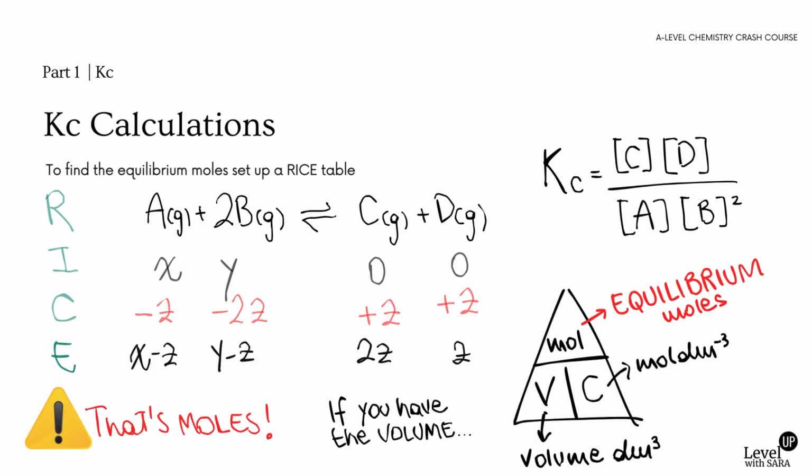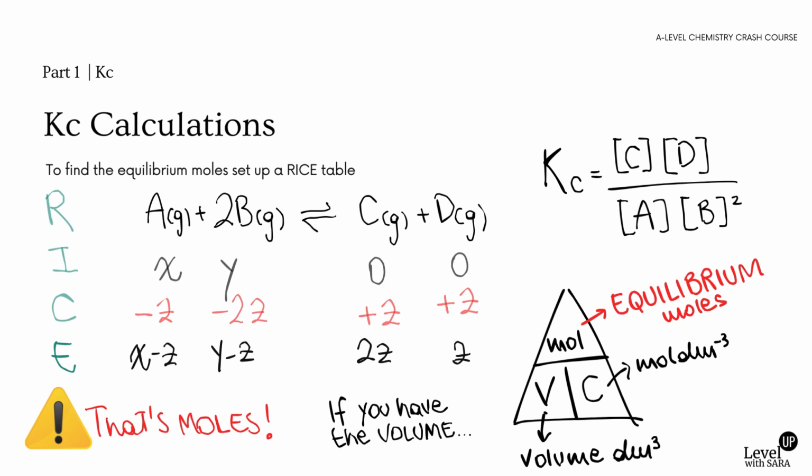With this, you can find the equilibrium moles by doing the value of your initial moles minus the value of the change. While for the amount of products, it is the same as its change, unless you had an amount at the beginning. So the important point is that those are the moles.